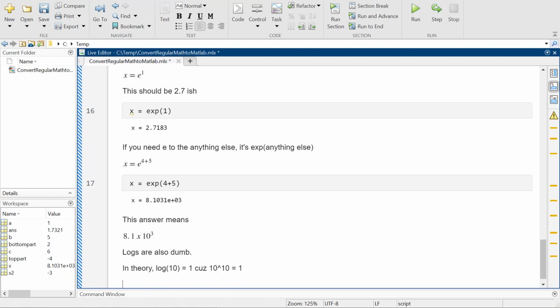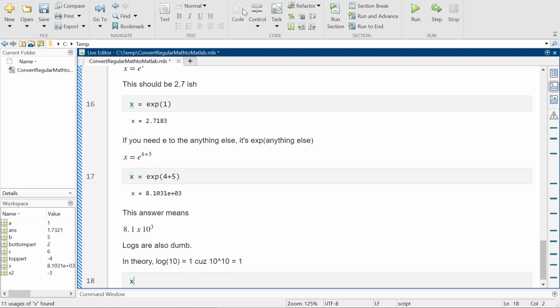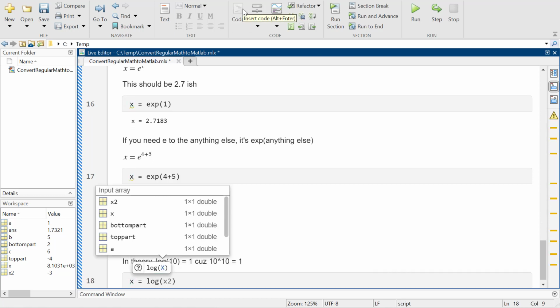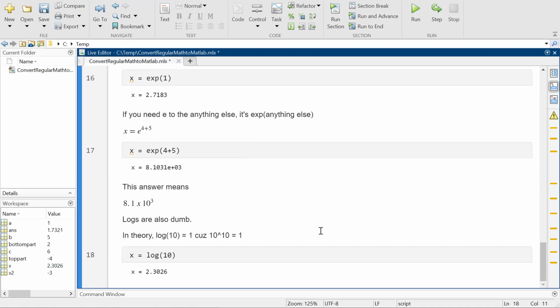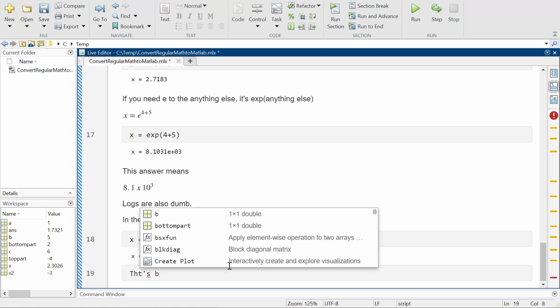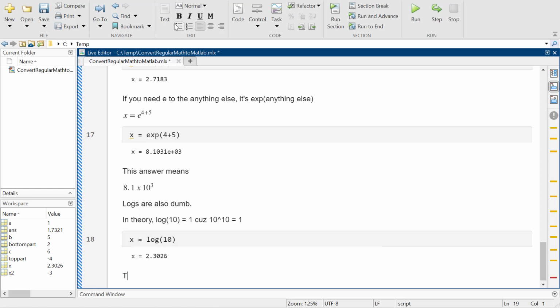But if I do this in Matlab, if I do x equals log of 10, it comes out as something really weird. That's because in Matlab, the log function is the natural log function.